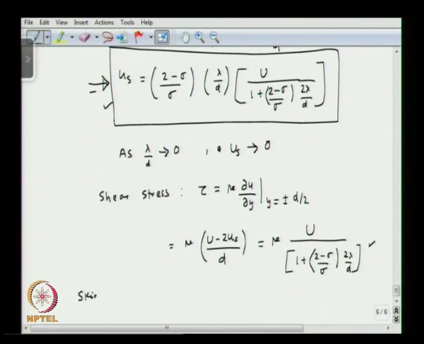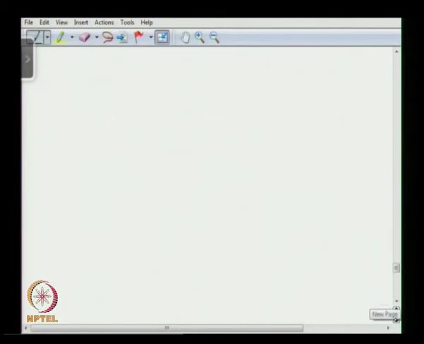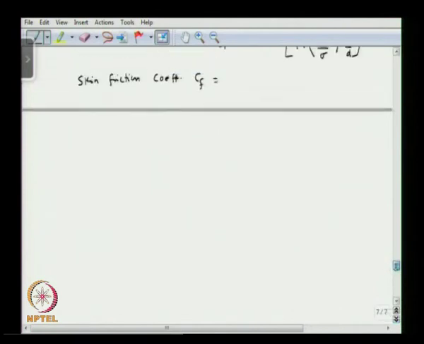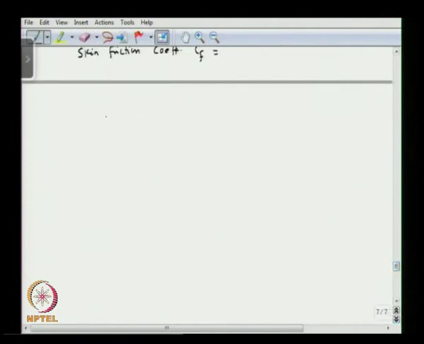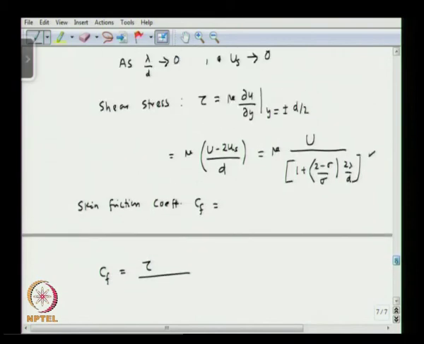The skin friction coefficient, which is Cf, can be calculated. So, we can write Cf equal to tau. We have an expression for the shear stress tau.